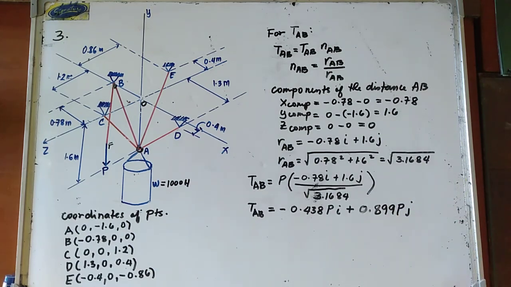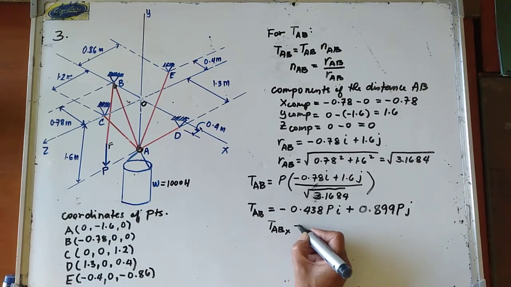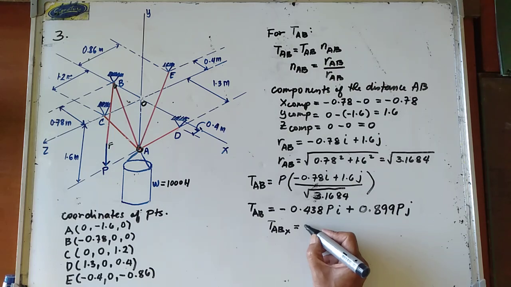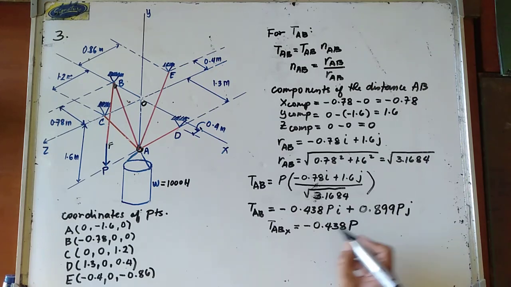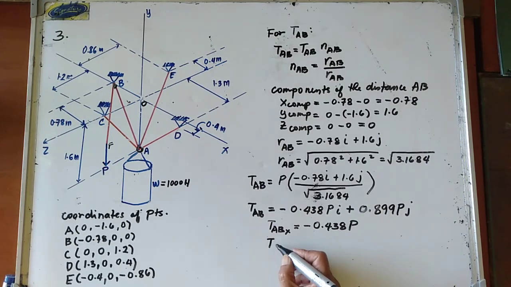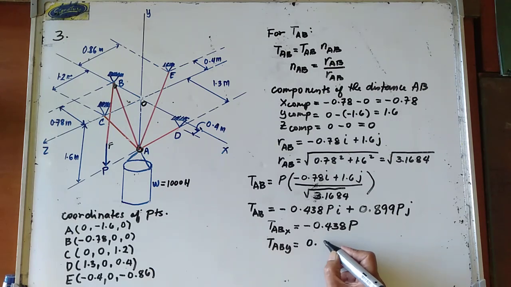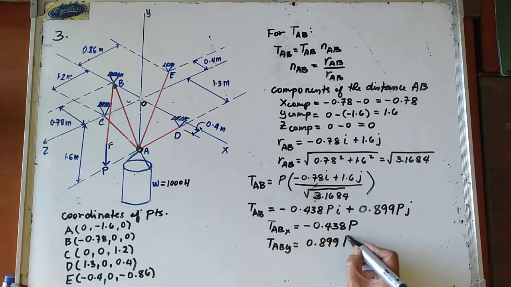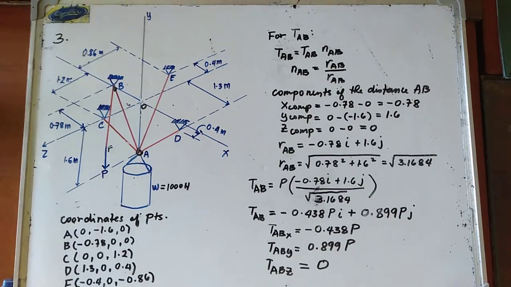So we now have your j. So in scalar form, your TABx is equal to minus 0.438P. Your TABy is 0.899P. And your TABz is equal to 0.